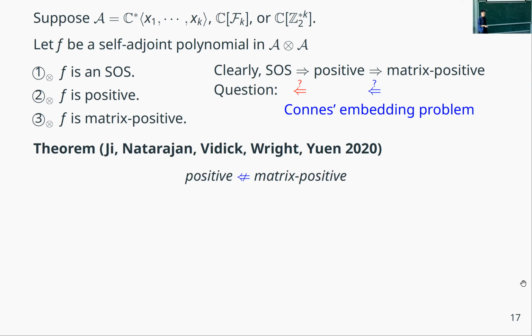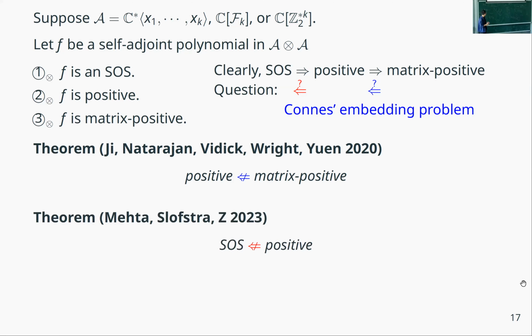The recent and remarkable breakthrough MIP*=RE tells us, yes, you can do better. So matrix positive does not imply positive. There are some functions in the tensor product of free algebras that are positive if you plug in matrices, but you can find some operators such that when you plug in those operators, the resulting operators can have negative spectrum.